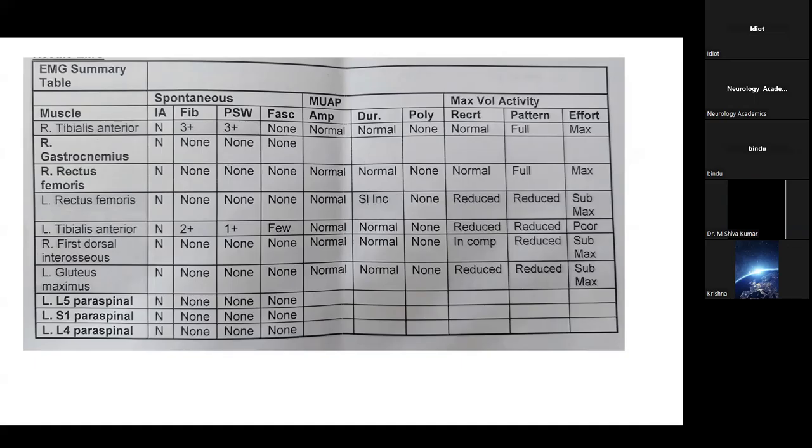Paraspinal is one of them, but that actually contributes better to establishing asymmetry than the EMG. It could be because of one process. Sampling error may also be there because you sample only one area of the muscle. So if you do multiple muscles supplied by the same root, we will have both.